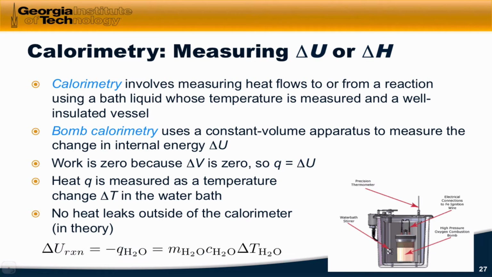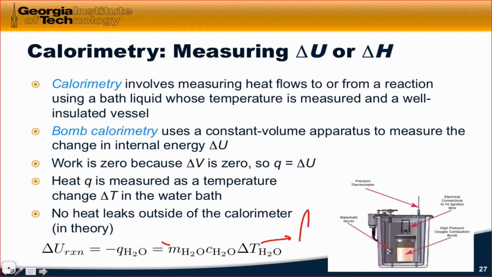So in general then, we can say delta U of reaction is equal to negative Q for the bath liquid. In other words, the heat transferred, say, to the bath liquid must have come from the reaction mixture. That's why we use the negative sign. And that's equal to the negative, actually, of the mass of the bath liquid times its specific heat times the change in temperature for the bath liquid. This is easy enough to measure simply using a thermometer.